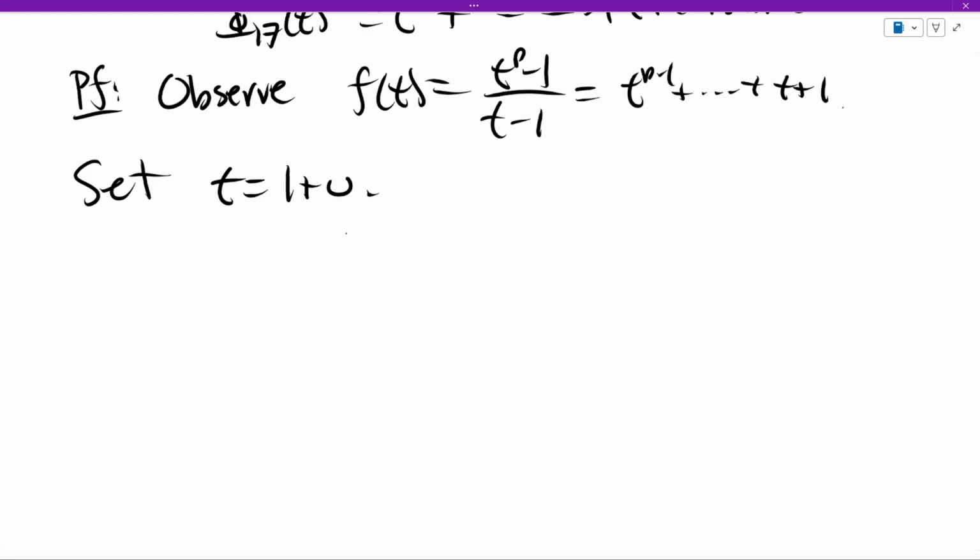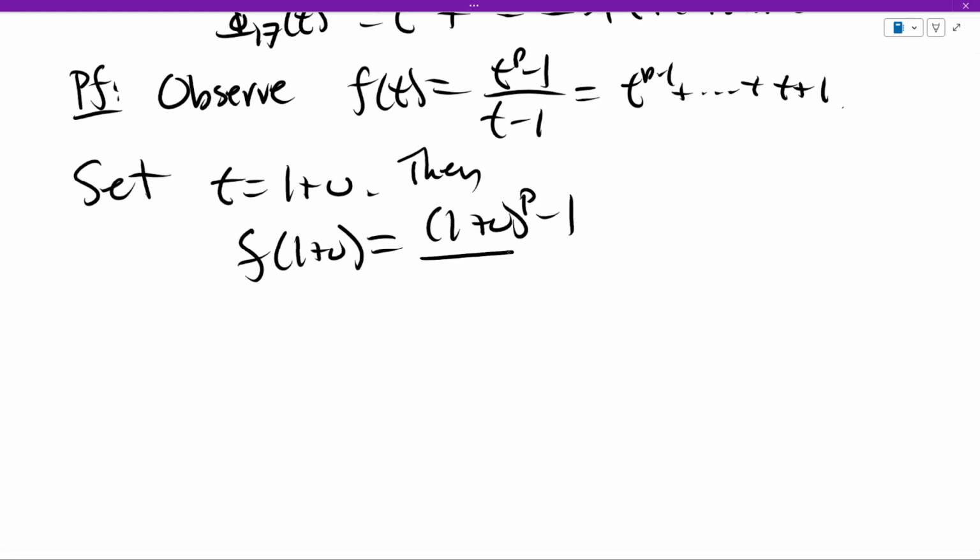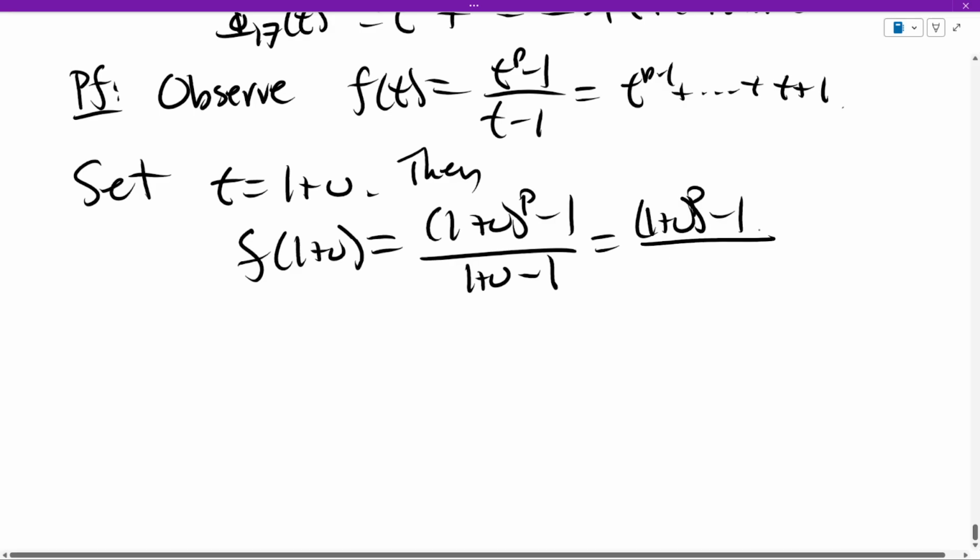Okay, so we're going to set t to be that. Then f of 1 plus u is f of t is (1 plus u) to the p minus 1 over 1 plus u minus 1. So that's ((1 plus u) to the p minus 1) over u.